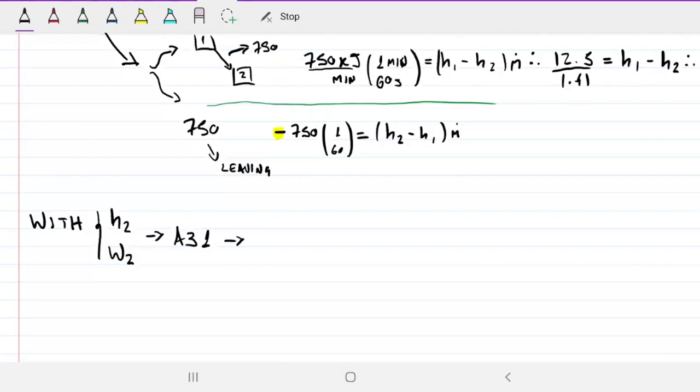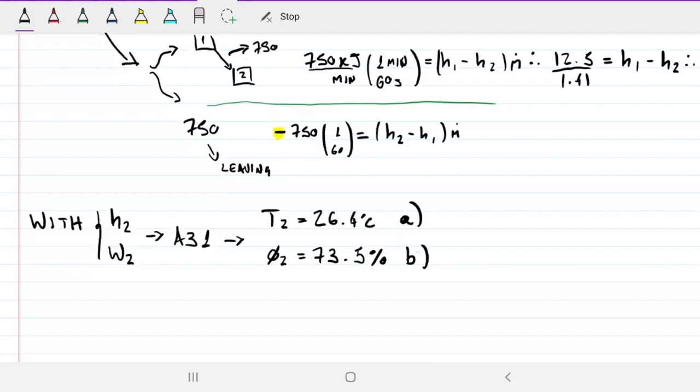Let's go back here. So with this, T2 is 26.4 Celsius, so that's our final answer for A. Relative humidity 2 is 73.5%.